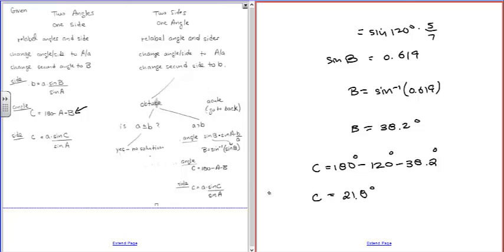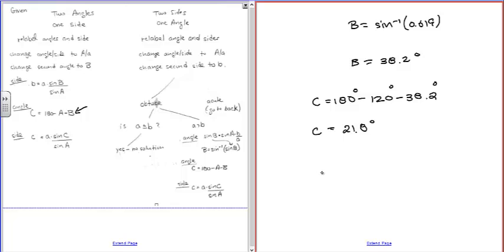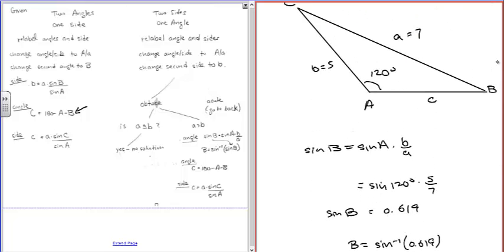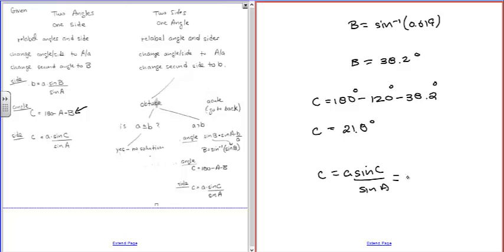So once you've found angle C, then you can find side C. Side C is side A times the sine of angle C divided by the sine of angle A. So we have side A, which I've got to go back up to my drawing here. Side A is 7. So we have 7 times the sine of 21.8 degrees divided by the sine of A, which is 120 degrees.